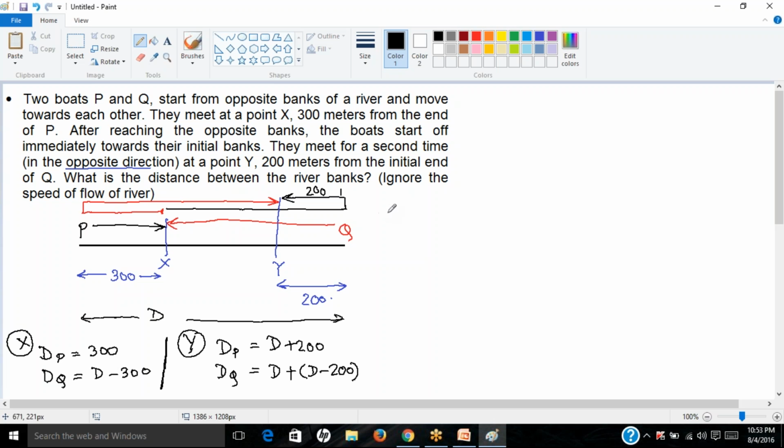So can I say that the speed ratio of P and Q is 300 upon d minus 300, as well as d plus 200 upon d plus d minus 200? Can I say this? The ratio of the distances P and Q travel will always be the same.